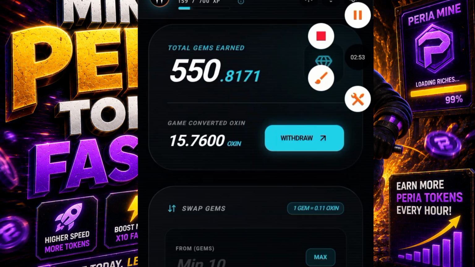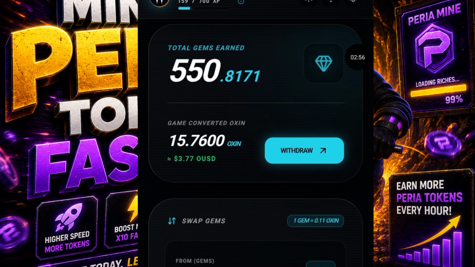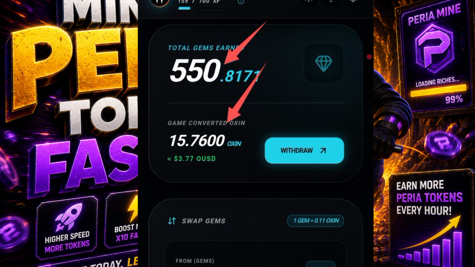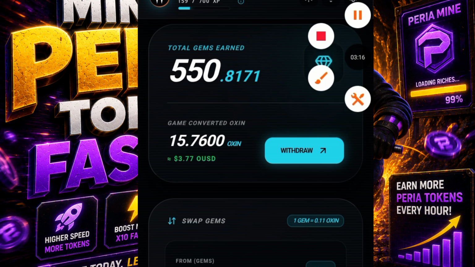So if we come to my wallet section here, I've been doing some things here. Now this is my gems and this is my Oxin that I've converted. I'm sending my Oxin currently to my Oxin account, which I will show you, and I will tell you the reason why I was doing that.